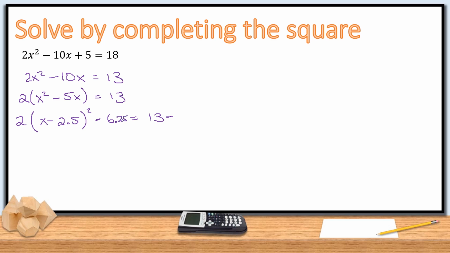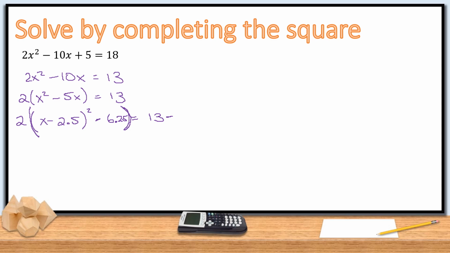6.25 from this side. Now, this is also a challenging part because technically that 2 is being multiplied by the whole equation. So remember, it was 2 times x squared minus 5x. So we've created a square out of that. The additional number we create is still being multiplied by 2. So that's one that catches so many people out.